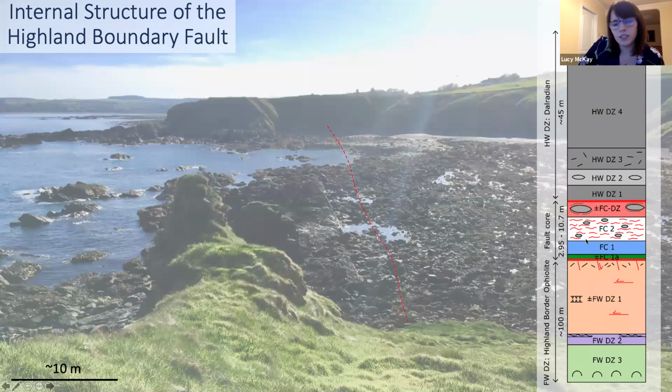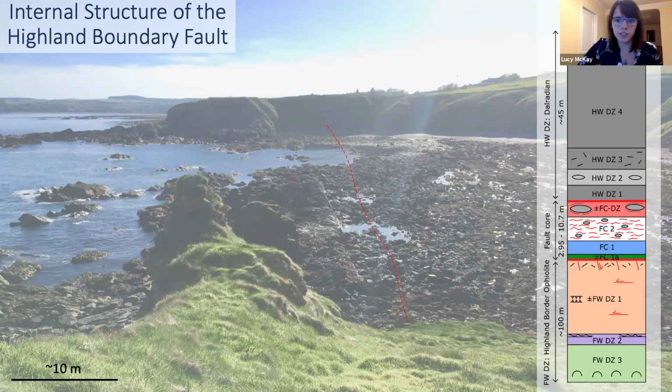So I'll just talk to you a bit more about what we found the structure of the fault to be like. This is a picture looking southwest across Craigieven Bay, with Stonehaven town just in the bay beyond the picture.